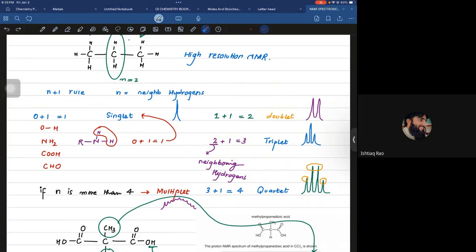So now you can see it's going to tell you how many hydrogens are present in the neighbor. It's quite accurate as compared to the low resolution NMR. That's why I'm saying it's going to give you the full information. Okay.